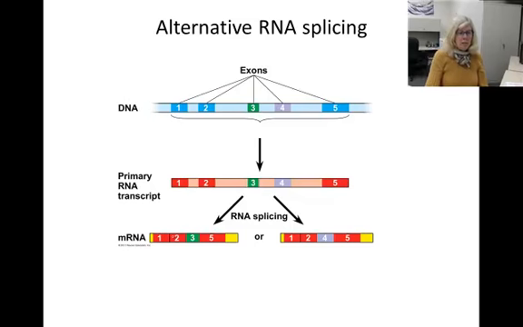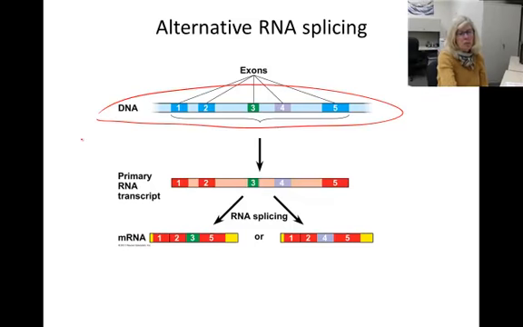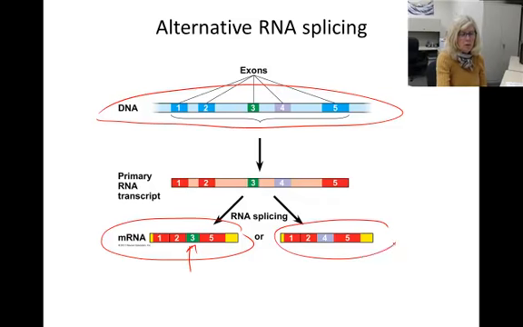In this particular example, there are exons labeled 1 through 5 in the DNA. When the primary RNA transcript is spliced, some of the resulting mRNA has exon 3 but not 4, whereas other mRNA transcripts can have exon 4 but not 3. This produces different proteins because the mRNAs are different.